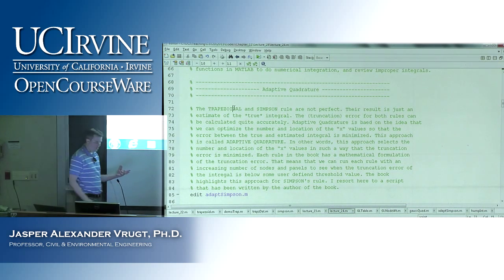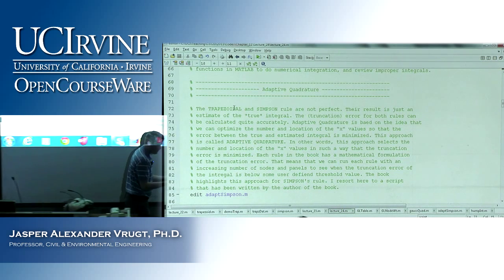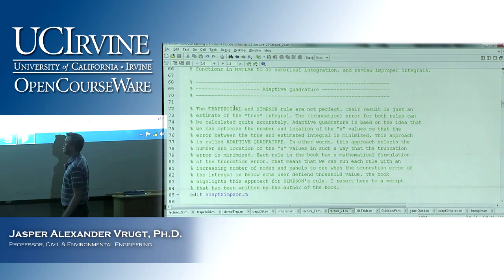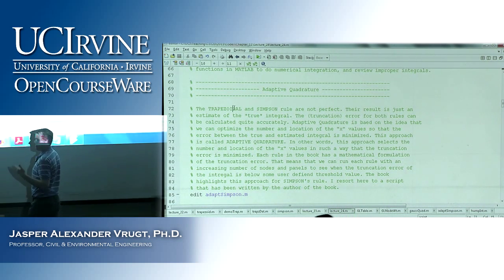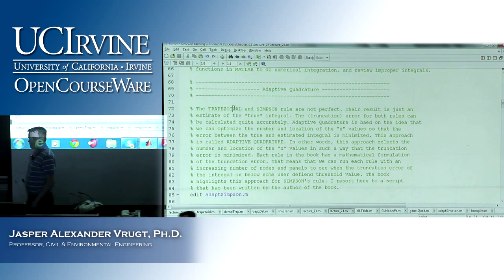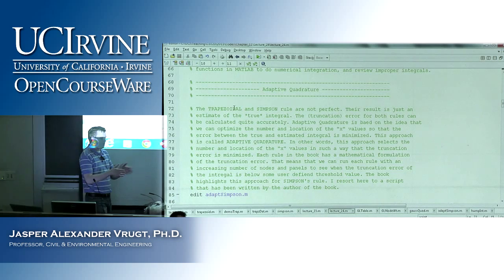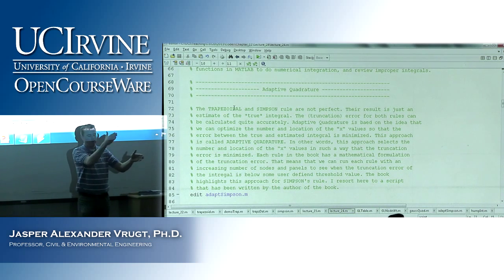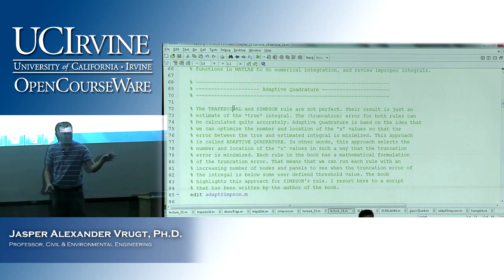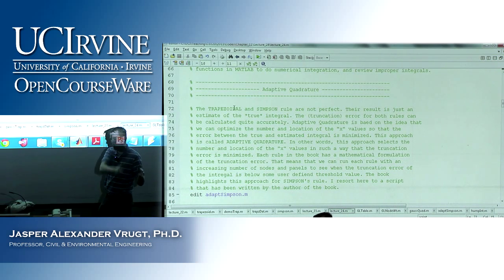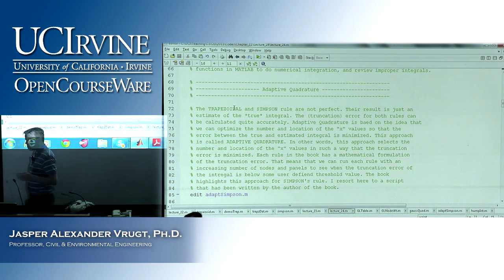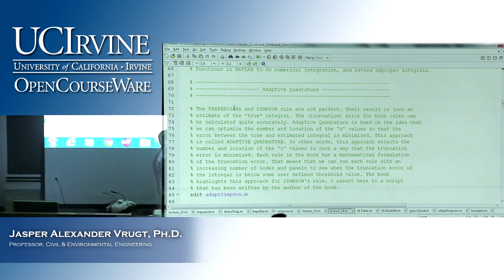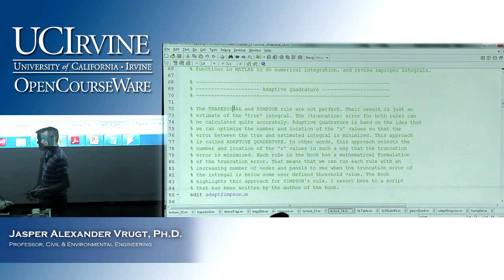Like Gaussian quadrature, in which the x values are predetermined by a script on the interval between -1 and 1, adaptive quadrature is somewhat similar, but instead of predefining the x values, it just starts out with an interval, and each time it makes the interval smaller and smaller. So the panel width gets smaller and smaller, until you hit the point that if you make the interval smaller again, there's no improvement in the accuracy of the integral.